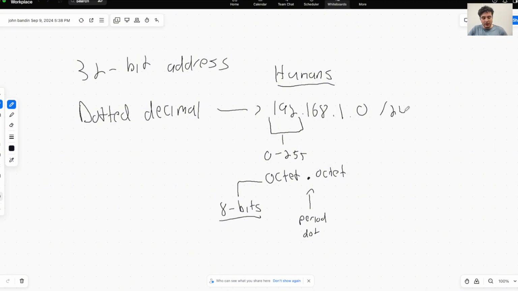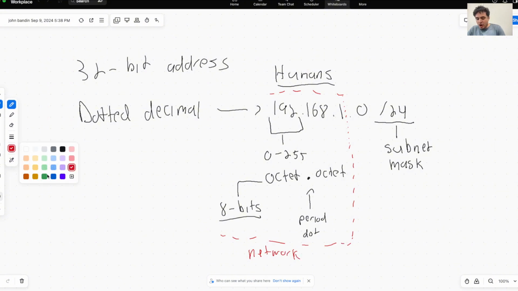Another key component is something called the subnet mask. The subnet mask is how we tell the difference between what's called the network portion, red is going to be the network portion, and the host portion.